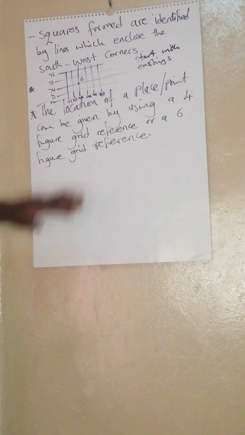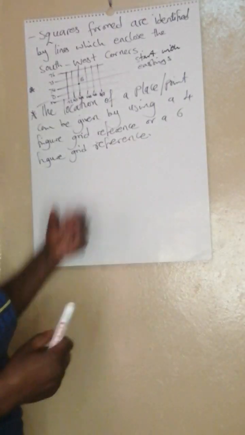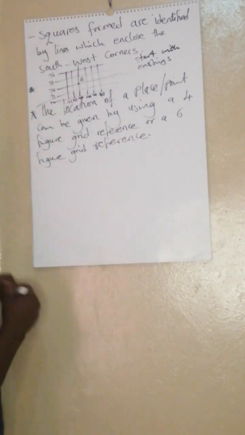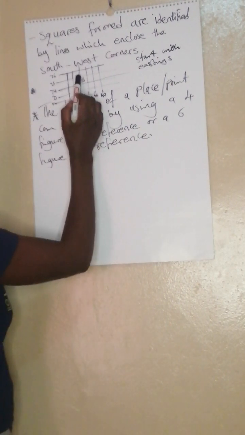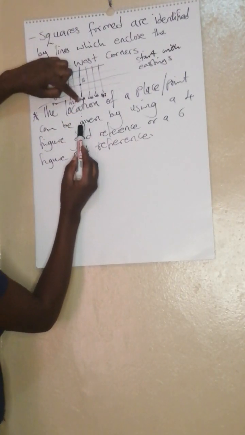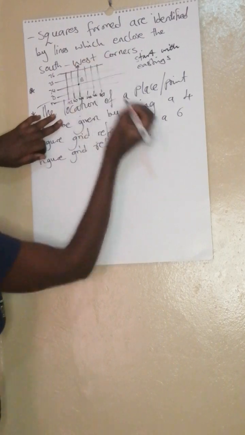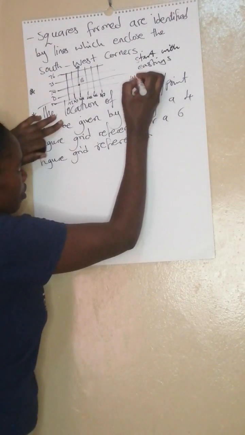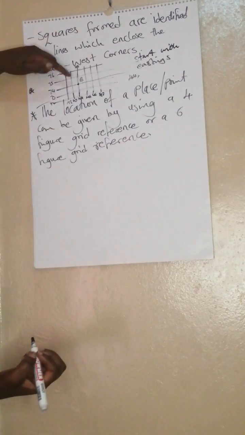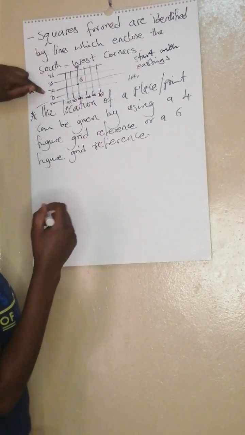For me to use these lines to show the location of point B, I need to go to this line, start with the eastings, the vertical line, and get the number for this line. This line is line 44, so I'll write 44. Then I go to the horizontal line.